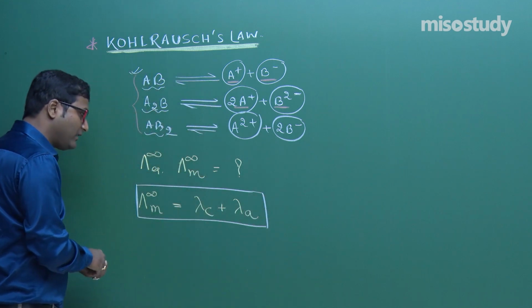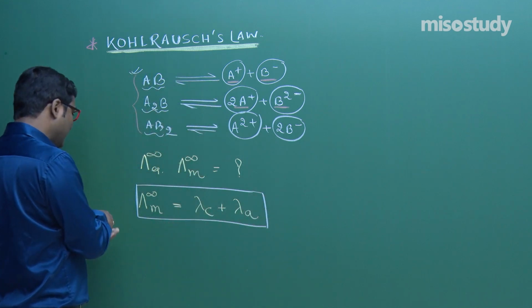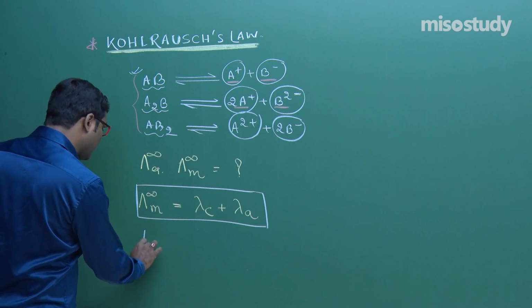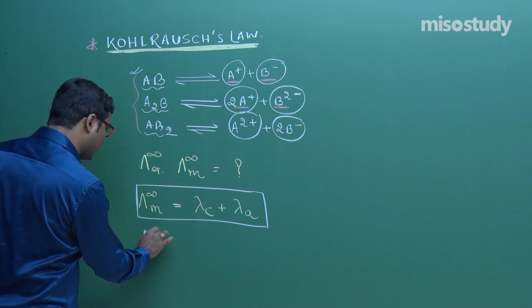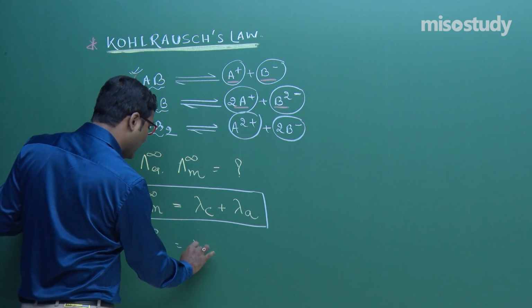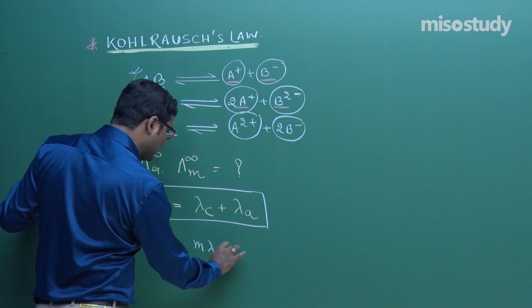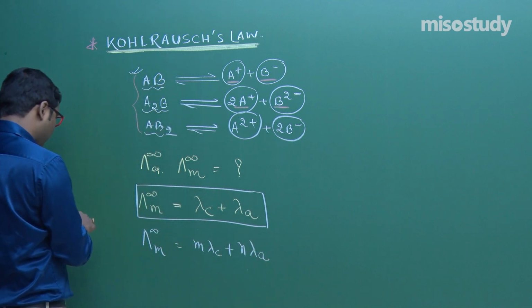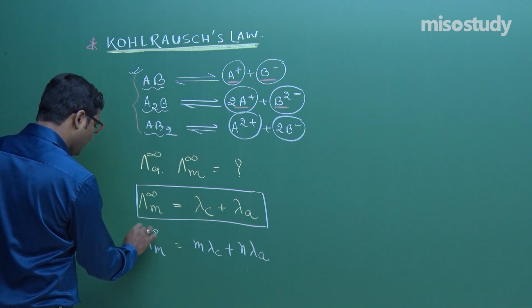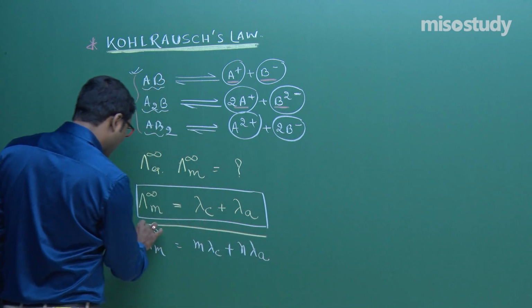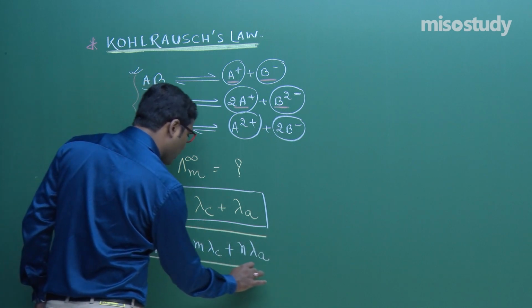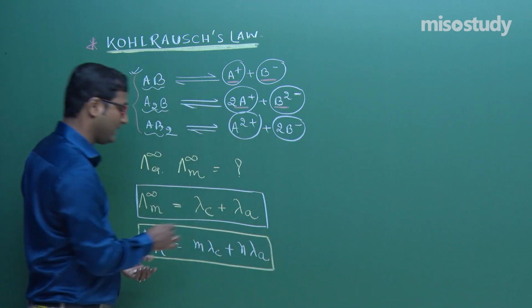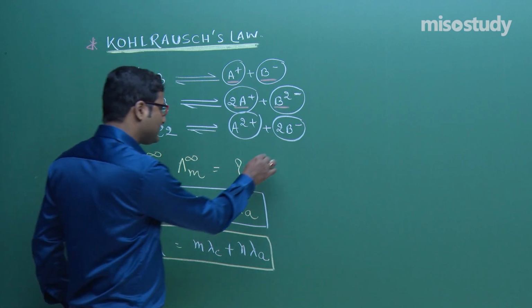Now the modified form we can write here: the molar conductance is equal to m lambda cation plus n lambda anion. What is lambda, my friend? That is the ionic conductance of cation and anion. Am I right?